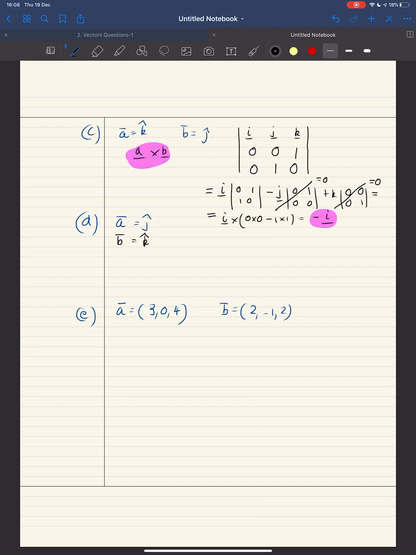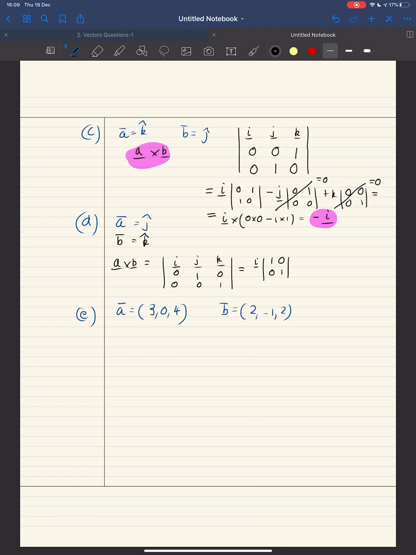Right, the next one, A cross B, so we do i, j, k. A is just a j, B is just a k, so put zeros everywhere else. And look, we've got that column there, so it's going to be like this one here. i times 1, 0, 0, 1.